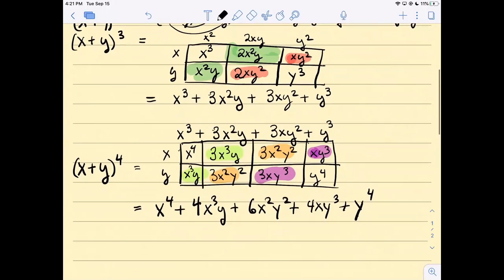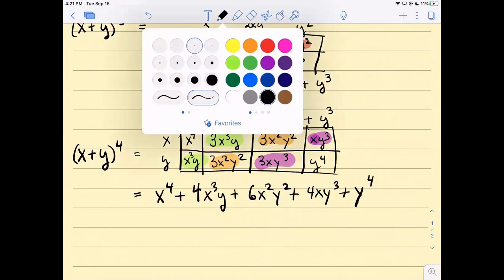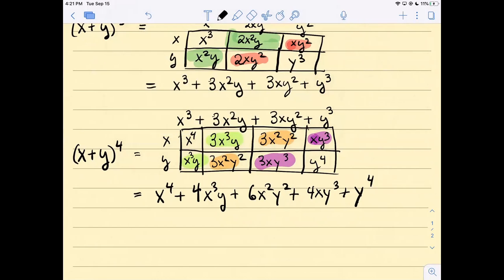So instead of trying to FOIL everything out, maybe we can look and see if we find any patterns that are happening here and try to justify why that pattern happens. So does anyone notice any patterns about the terms that end up, by the way, x plus y is a term with 2 letters, so it's a binomial. So this is called a binomial expansion. This is a binomial.